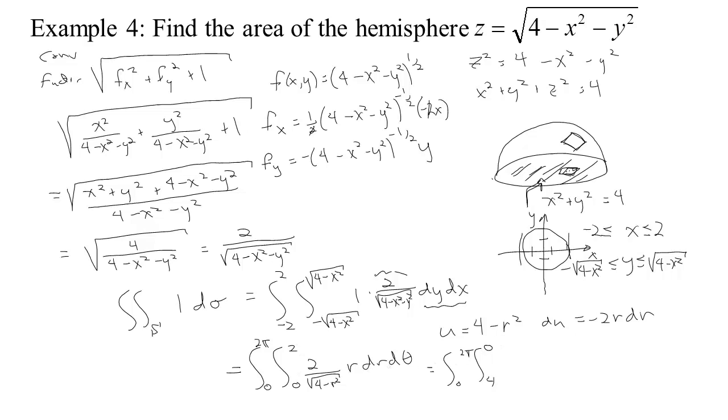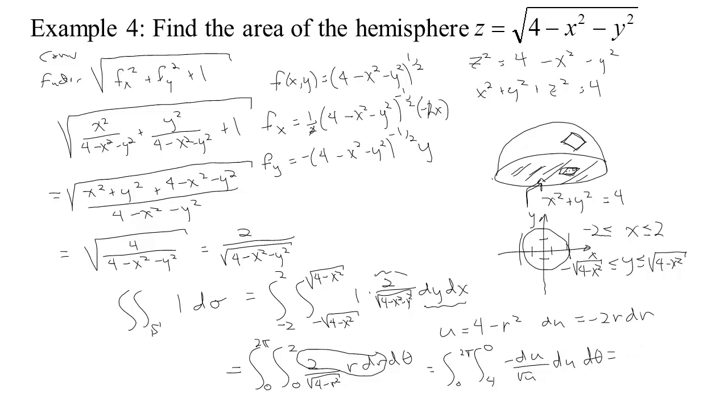So I changed my bounds here because I'm doing a substitution. And then 2r dr becomes negative du, because du is negative 2r dr. And then this is over the square root of u, and du, and then d theta.